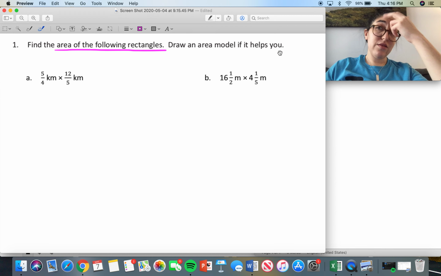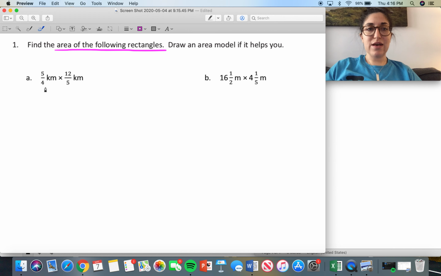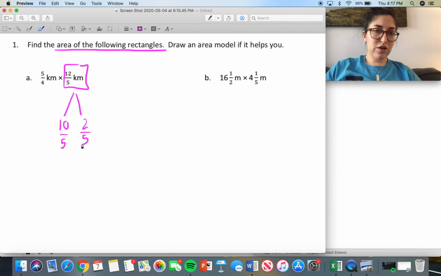Then the other thing that you might notice here is that we have different types of numbers. Here we've got a fraction where the numerator is bigger than the denominator, meaning we can break this into 10/5 and 2/5, which would be 2 wholes and 2/5, right?